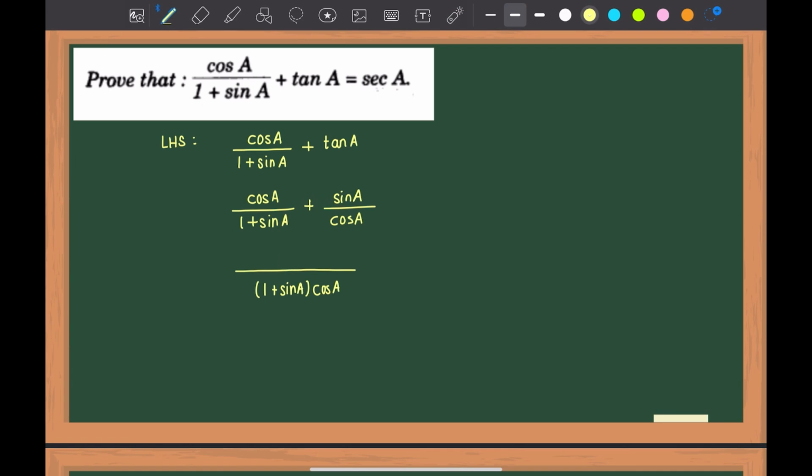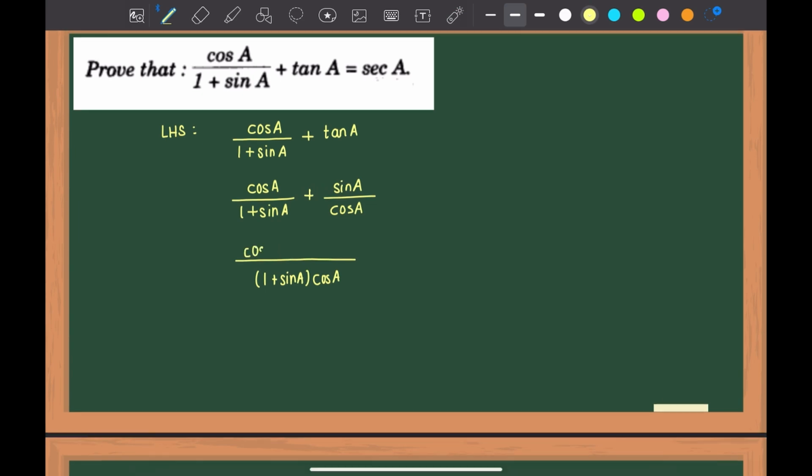So we can write cos A multiplied with cos A will be simply cos square A, and this will be sine A multiplied with 1 plus sine A, which is simply sine A plus sine square A. So we can simply write sine square A plus cos square A plus sine A. Now we already know that sine square theta plus cos square theta is equivalent to 1.